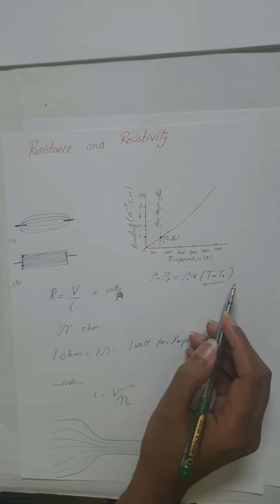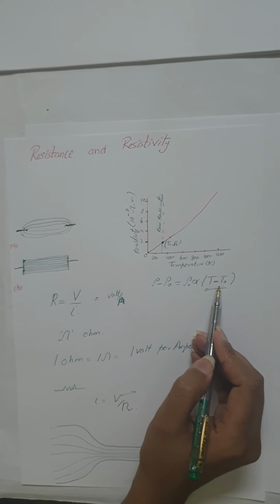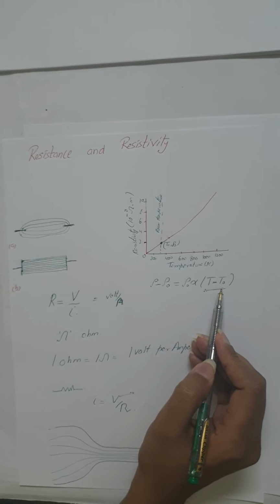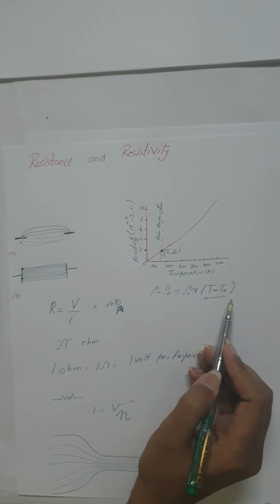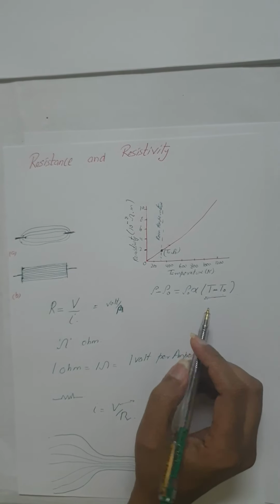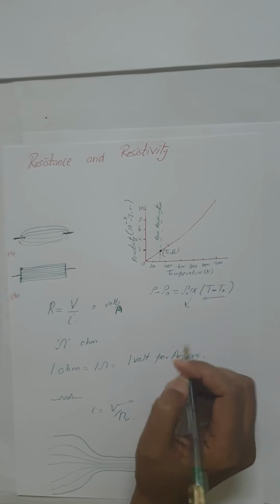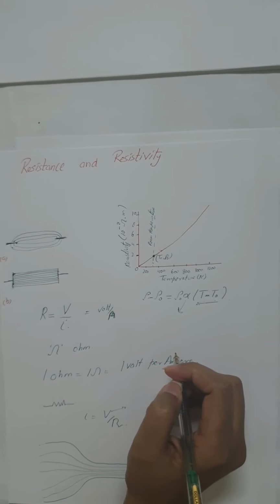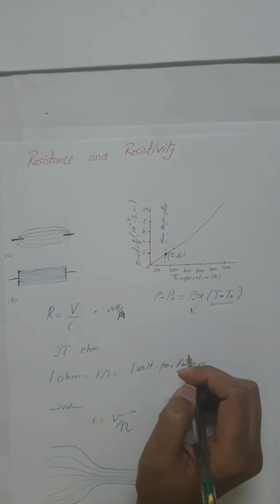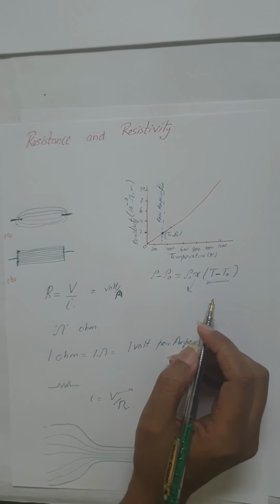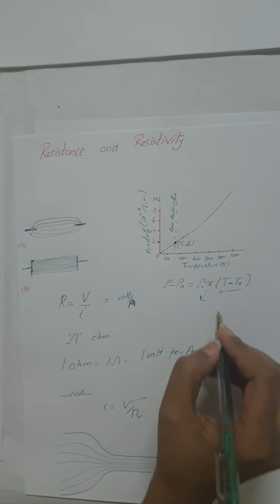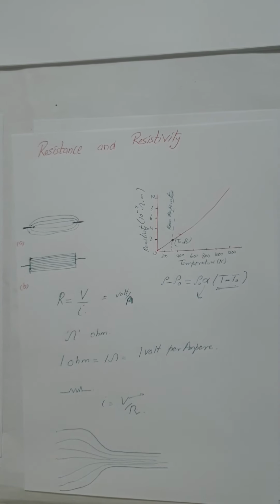It doesn't matter much which scale you use in that equation, because the sizes of the degrees of these scales are identical. And the quantity alpha here is called the temperature coefficient of resistivity, and is chosen so that the equation gives good agreement with experiment for temperatures in the chosen range.